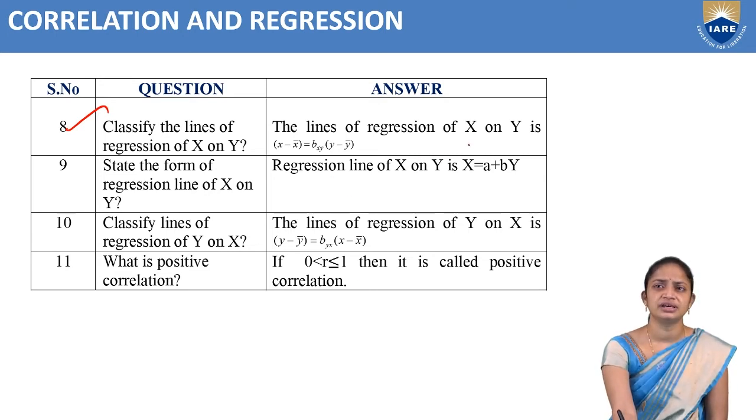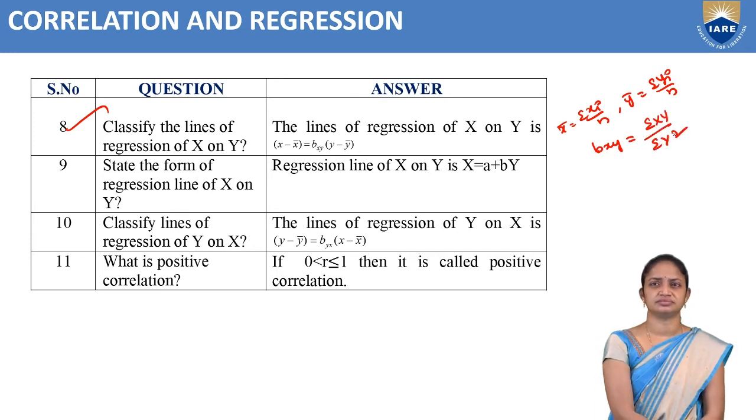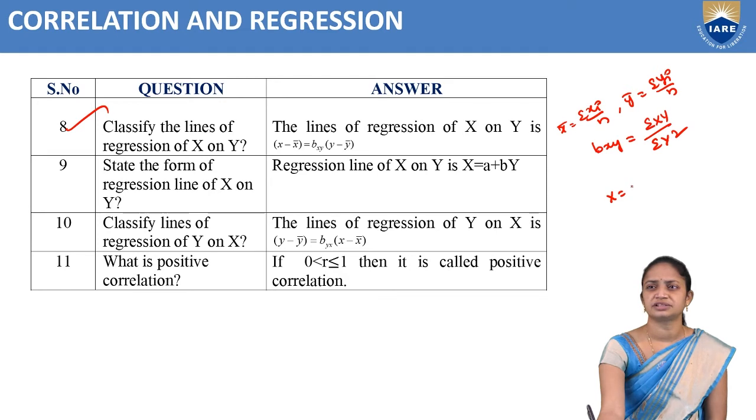The regression line of x on y is x minus x bar equal to bxy into y minus y bar, where x bar equals summation xi by n, y bar equals summation yi by n, and bxy equals summation capital XY by summation capital Y square, where capital X equals x minus x bar and capital Y equals y minus y bar.